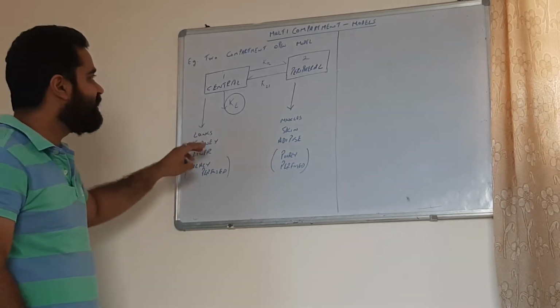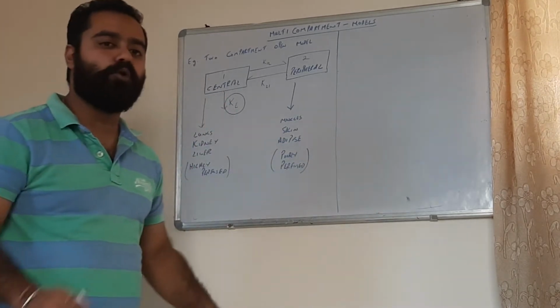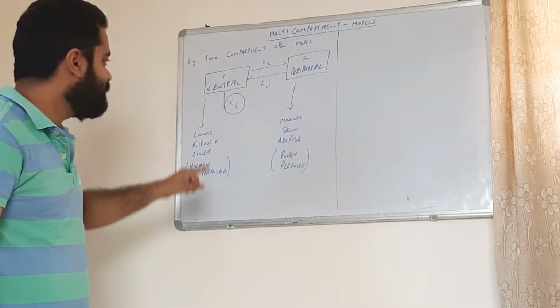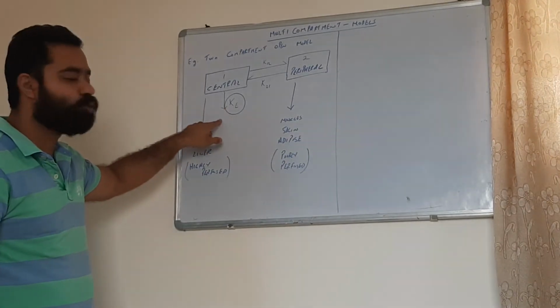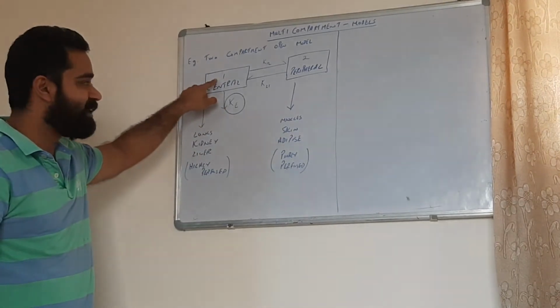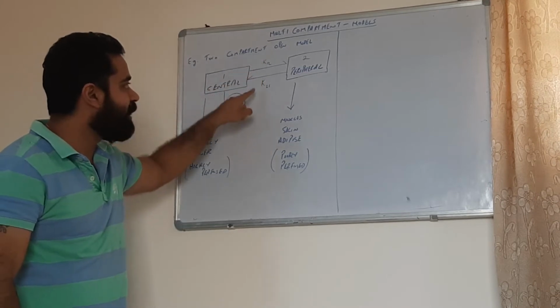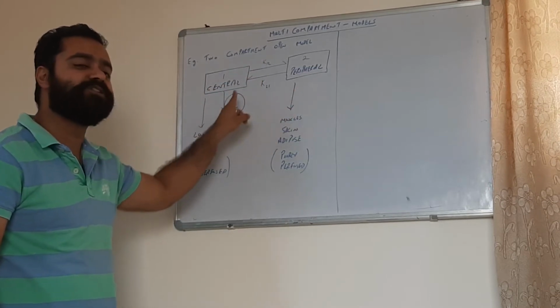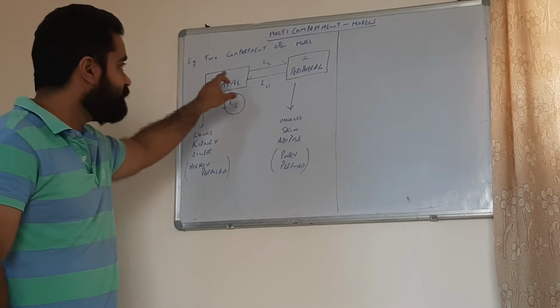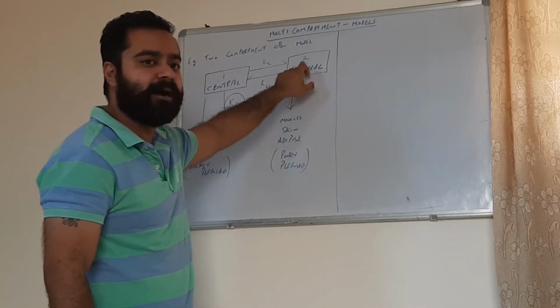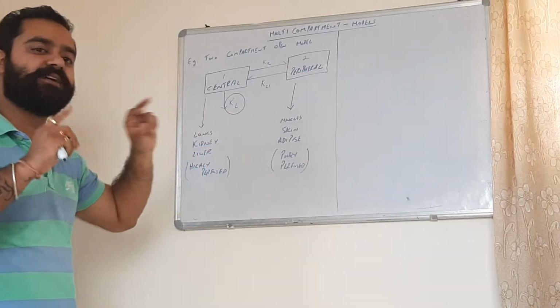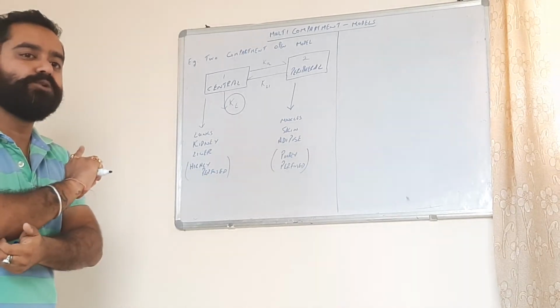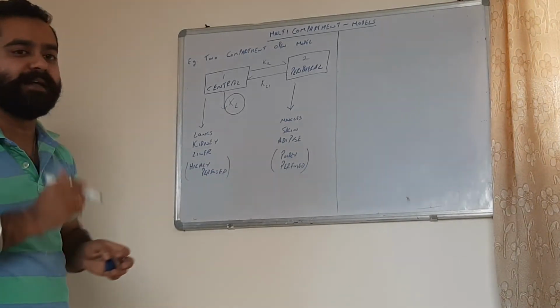Now, in this case, we are considering a two compartment open model where elimination, this Ke, this arrow, is showing elimination happening from the central compartment. K12 and K21 show reversible transfer of the drug between the central and the peripheral compartment, representing both the drug uptake and the distribution processes which happen simultaneously.